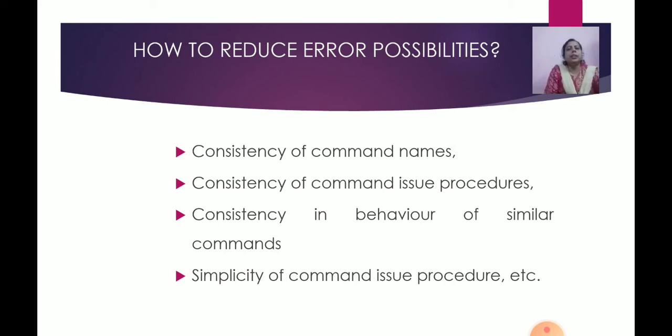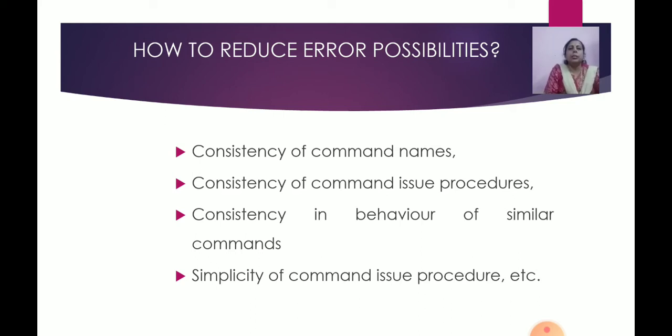Then the next is how can we reduce the error possibilities. Consistency of command names, consistency of command issue procedure. Means if the procedure of command issue is the same, then the error will be minimized. Consistency in behavior of similar commands.